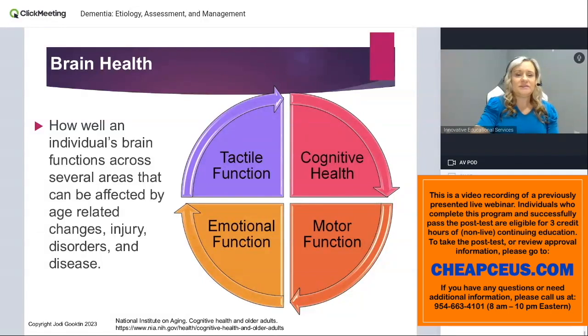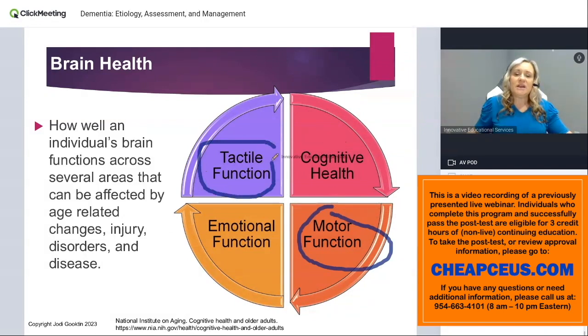Let's begin with discussing in general brain health and how that is defined. As we look at what is considered health of the brain, there are many different components that tie into that. The first thing that we think of as clinicians often is motor functioning to control mobility, movement, balance, and then that ties in directly with tactile functioning in order to feel and respond to the different stimuli that the individual is recognizing.